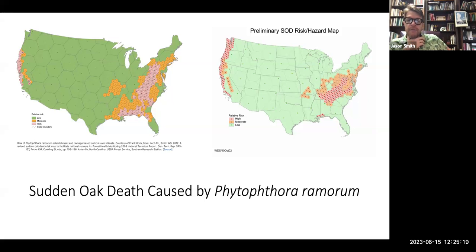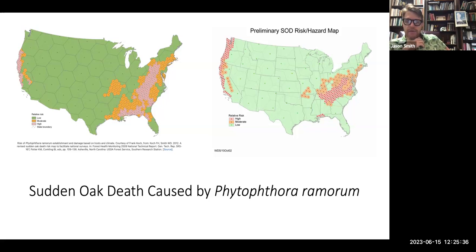There were risk assessments done where people looked at potential risk of eastern U.S. forests to this Phytophthora, and they found that some of the eastern U.S. oak species are highly susceptible when you artificially inoculate them.